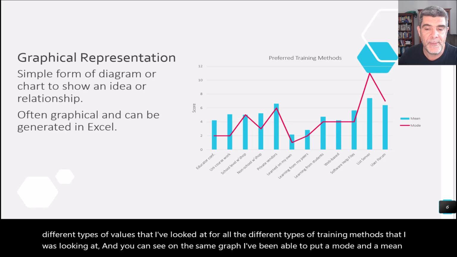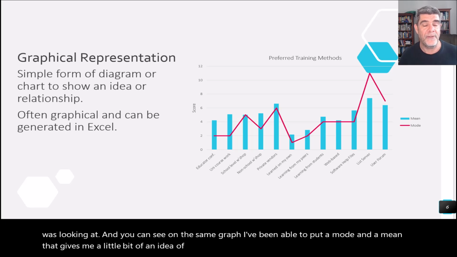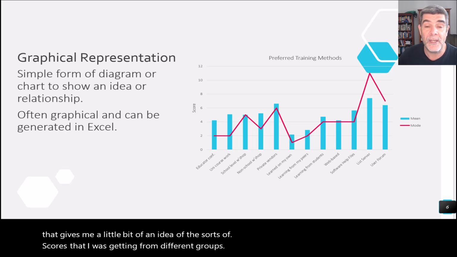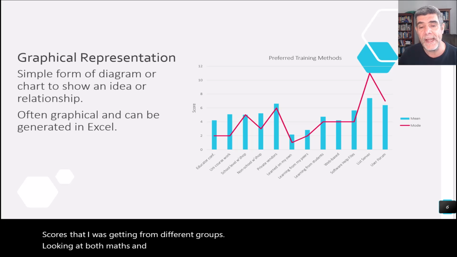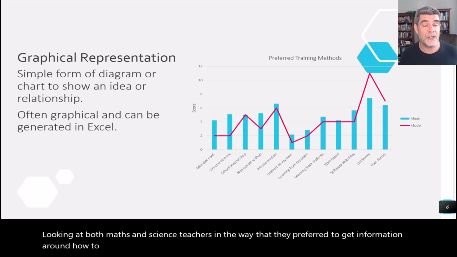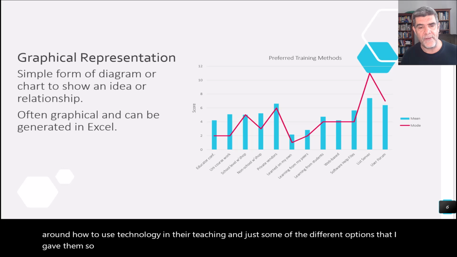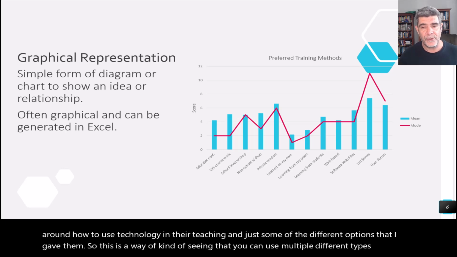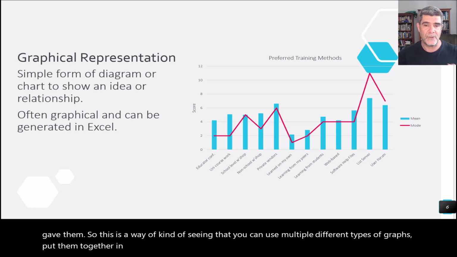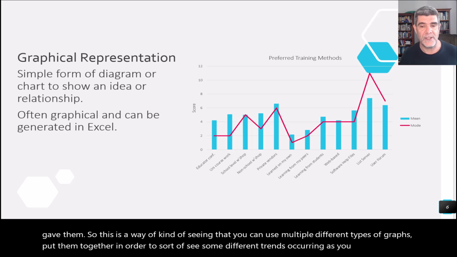That gives me a little bit of an idea of the sorts of scores that I was getting from different groups, looking at both maths and science teachers and the way that they preferred to get information around how to use technology in their teaching, and just some of the different options that I gave them. So this is a way of seeing that you can use multiple different types of graphs, put them together in order to see some different trends occurring as you work through each of these different values.